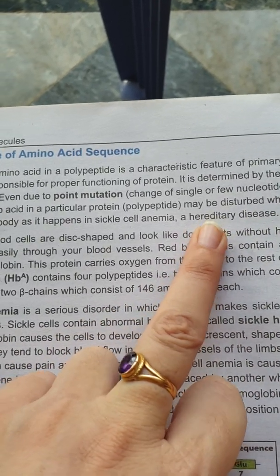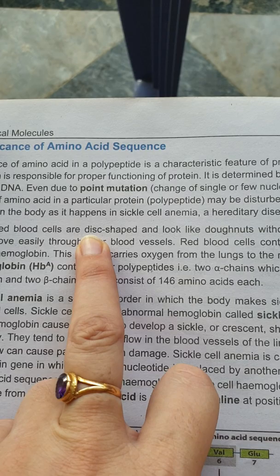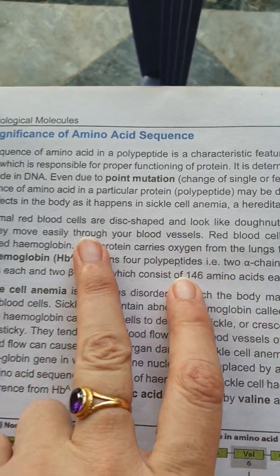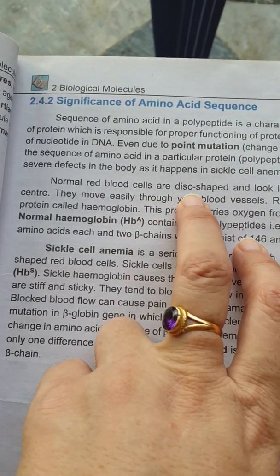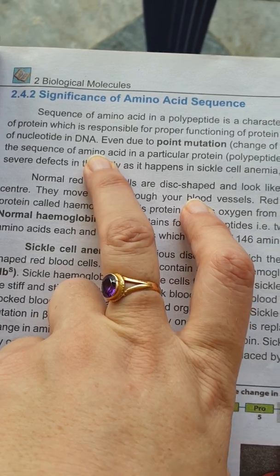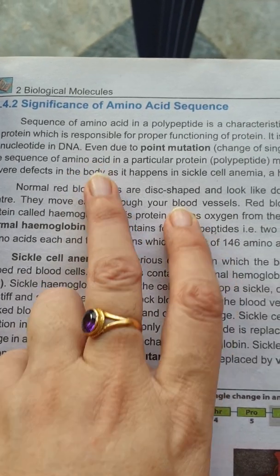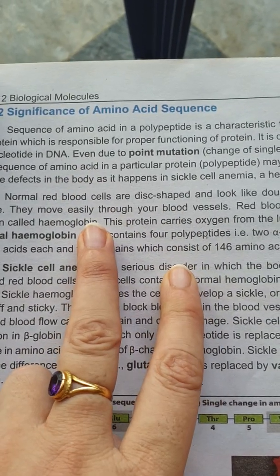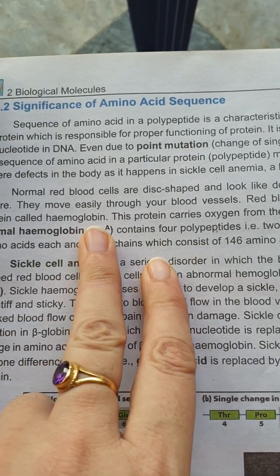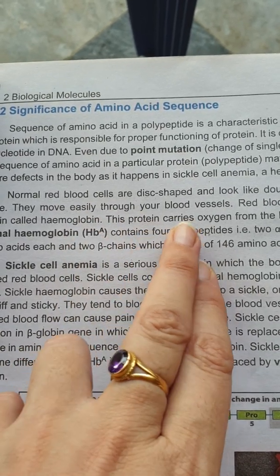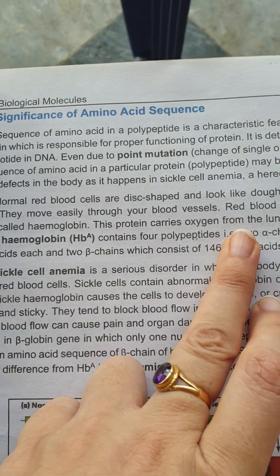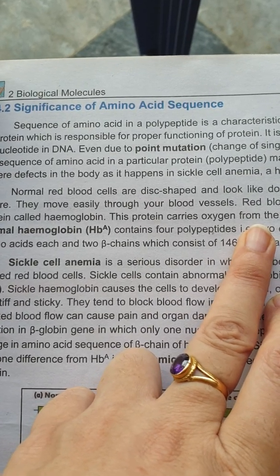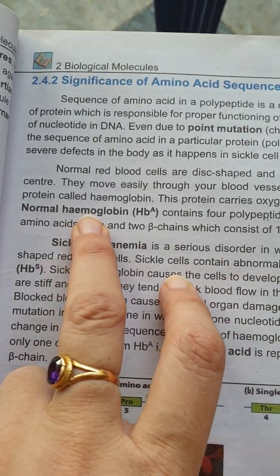When the DNA doesn't work properly or mutation occurs in the DNA and it doesn't choose the correct amino acid, it will affect the structure of protein, and the protein will not perform its functions correctly. Like hemoglobin.